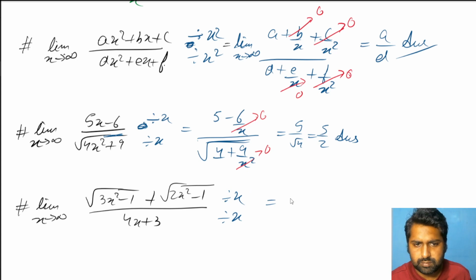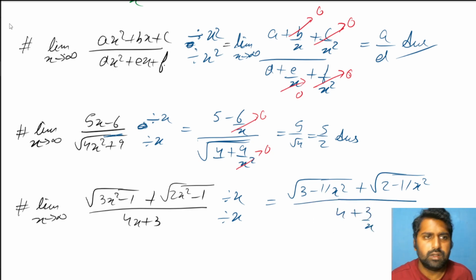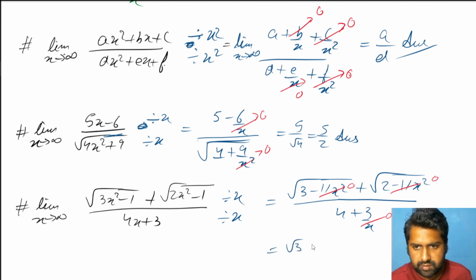So this will become square root 3 minus 1 by x square, plus root of 2 minus 1 by x square, upon 4 plus 3 by x. Same idea, 0, 0, 0. So root 3 plus root 2 by 4.